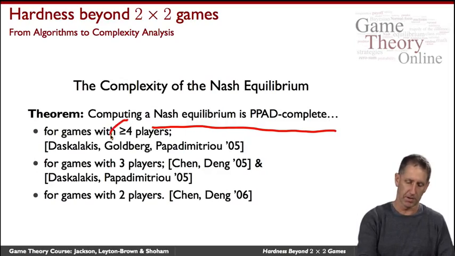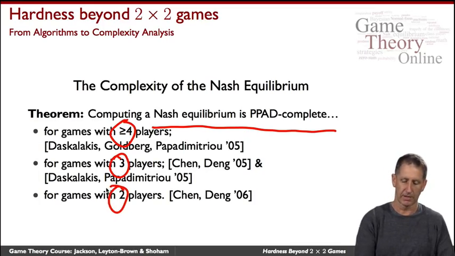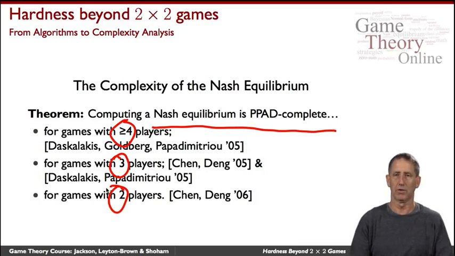Initially proved for 4 players, then for games with 3 or more players, and then finally in 2006 for all classes of games. And so we widely believe that the problem is not polynomial, cannot prove it, but we do know where it resides within the complexity hierarchy that we are familiar with.